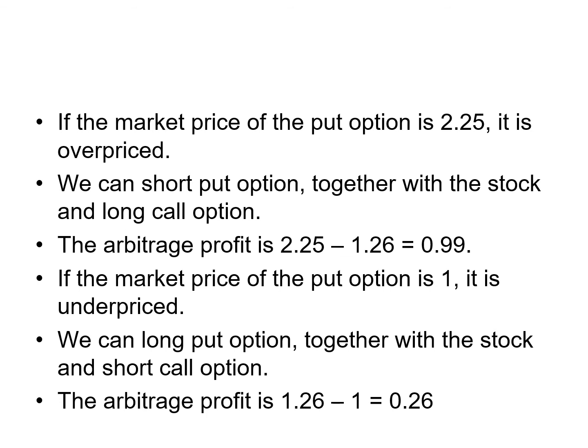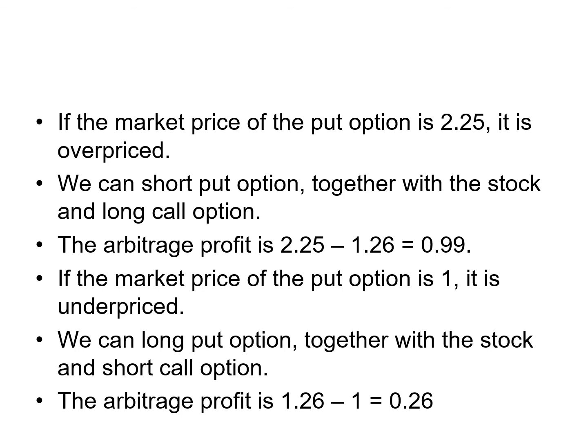If the market price of the put option is 2.25, it is overpriced. When something is overpriced, we should sell it or short it. So we can short the put option together with the stock, because remember in put-call parity it's P plus S. So when we short the put option, we short the stock as well, and at the same time we long the call option.